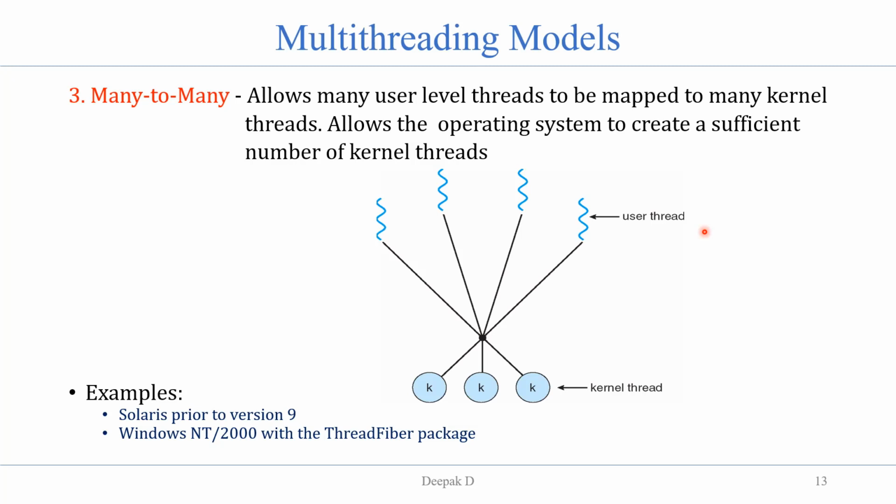The advantage is that developers can create as many user threads as necessary, and the kernel threads can run in parallel on multiprocessors. When a thread performs a blocking system call, the kernel can schedule another thread for execution. Some examples are Solaris prior to version 9 and Windows NT 2000.